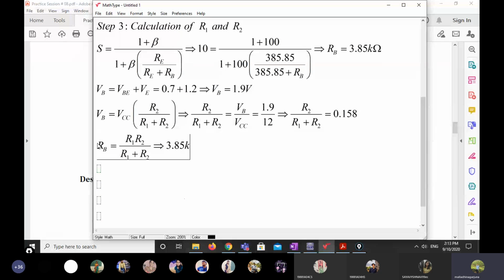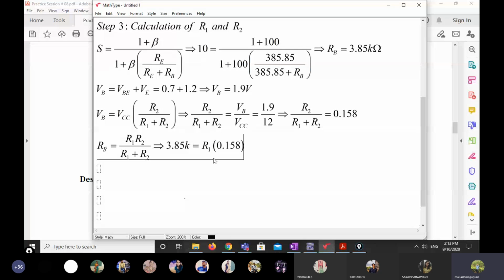So R1 you keep as this. The remaining portion R2 by R1 plus R2 is there, no? What is the value of that portion? 0.158. So you can substitute 0.158 in the place of R2 by R1 plus R2.